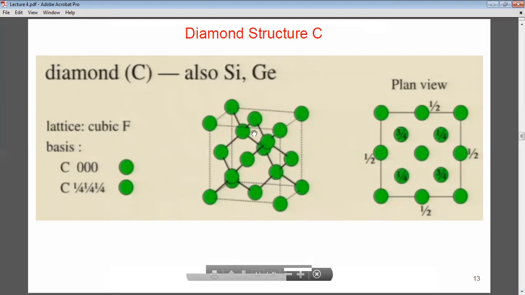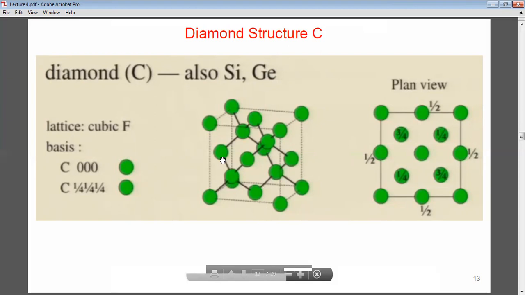If we look at it, it's a cubic one, okay, where there are lattice points in all 8 corners. There are also lattice points in the middle of all the faces. So this looks like an FCC indeed.